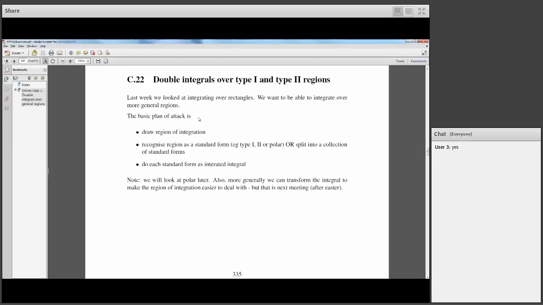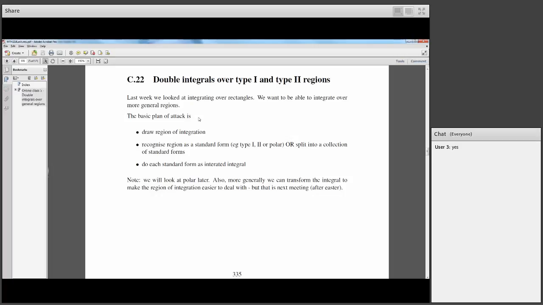There are some standard forms called type 1 or type 2 regions, which I will elaborate on in a second. There are some standard forms of polar coordinates, which is pretty much anything with circles or bits of circles, like an annulus or ring. So if you draw the picture, oh, hold on a sec, that's just a bit of circle, that's really important to tell you what to do next. So I think drawing a region is really helpful to diagnose the next step.